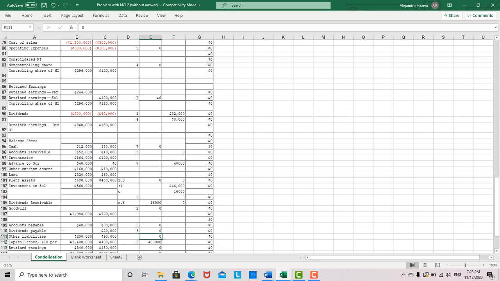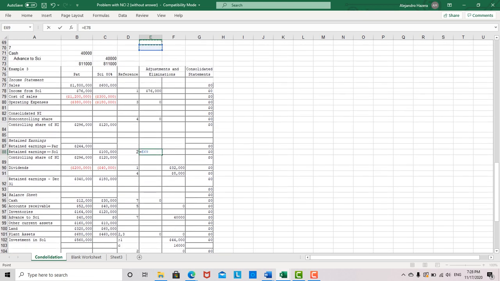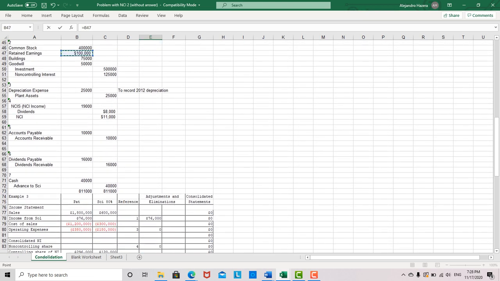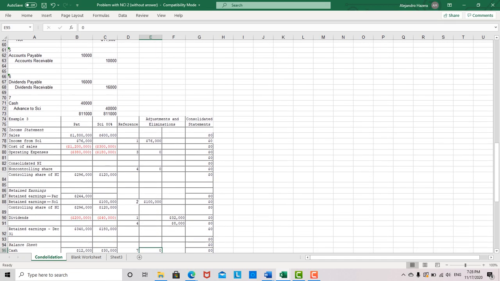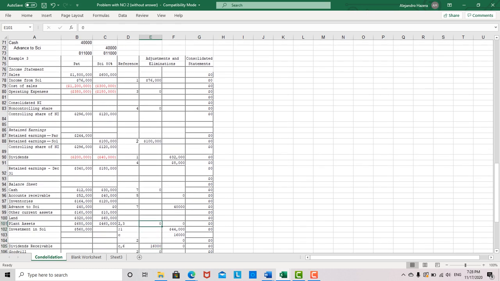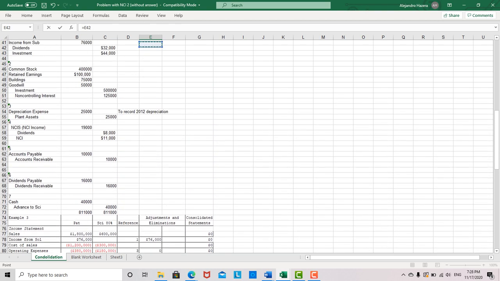And then also, the elimination of the subsidiary's retained earnings. Now, the common stock is also considered the beginning balance of the common stock account, but we assume stock doesn't change. Then we're going to write up the buildings for their correct beginning balance as of the beginning of the second year, which is $100,000 less $25,000.